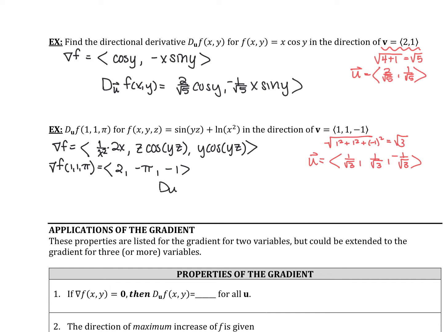Therefore, the directional derivative at the point (1, 1, pi) in the direction of u would be 2 over root 3 minus pi over root 3 minus 1 plus 1, because there's minus a negative, so plus 1 over root 3. And if I wanted to simplify that, I would get 3 minus pi over root 3.